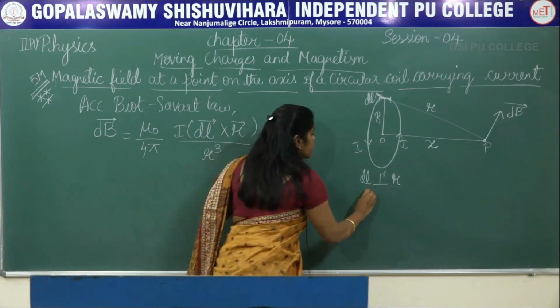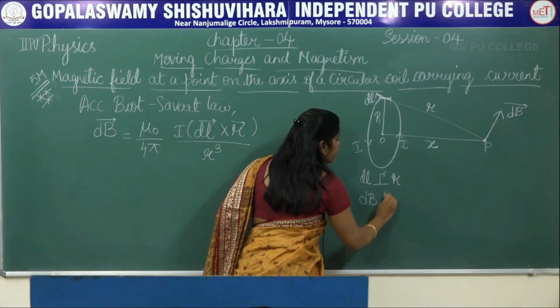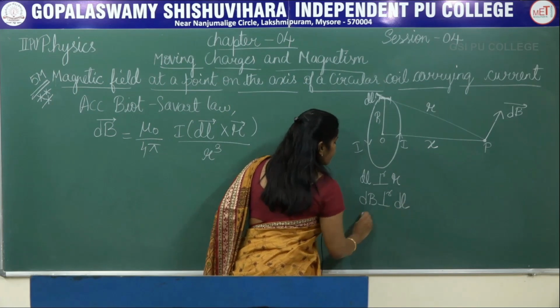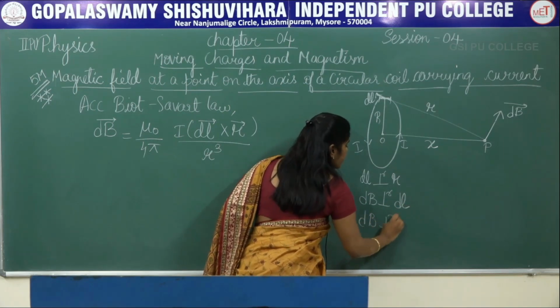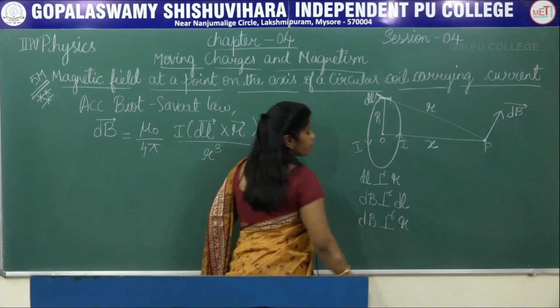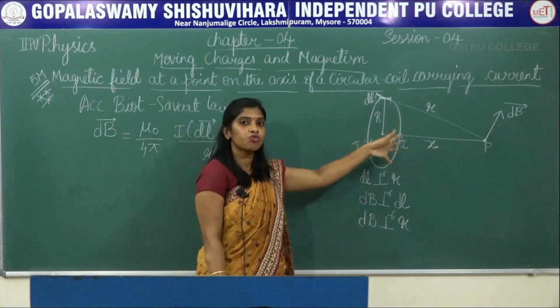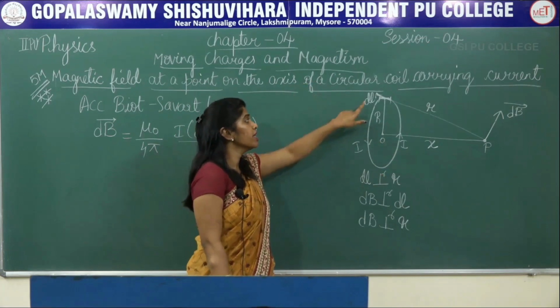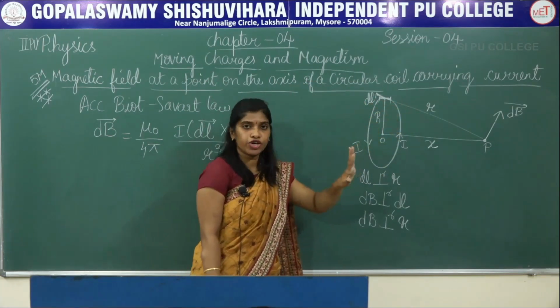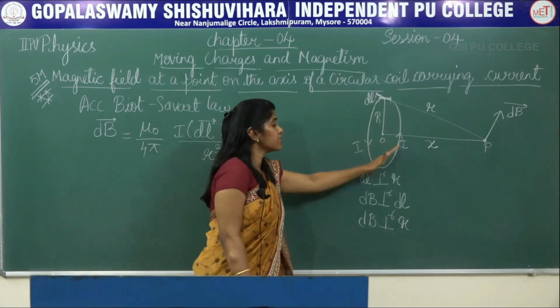I'll write down dB will be perpendicular to dl. Also dB will be perpendicular to r. Don't get confused. Most of the students get confused in this direction, but it's very easy. You just have to see dl and r are perpendicular to each other because this is a different plane.